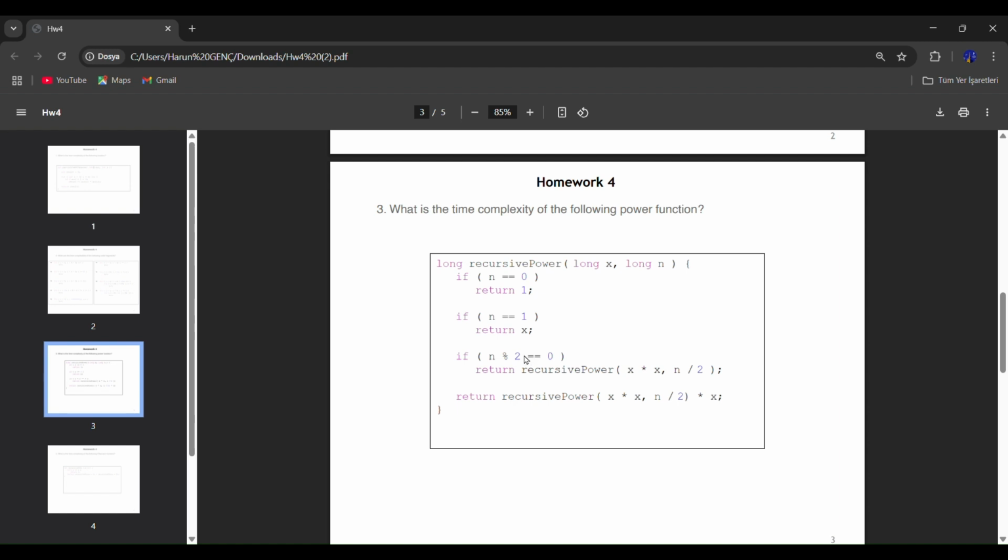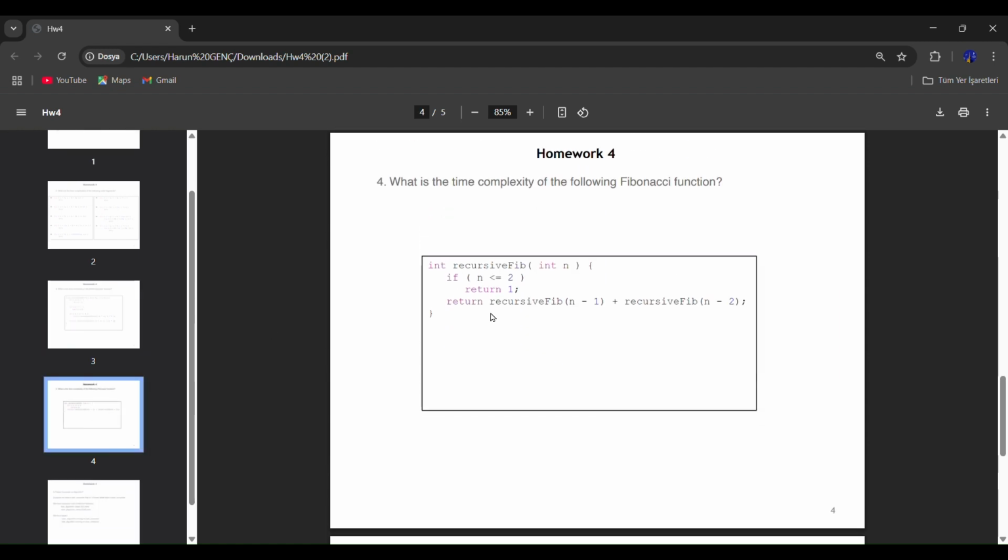Finally, the time complexity is O(log n). The logarithmic time complexity is because each call performs O(1) work, a multiplication and modulus check. So the overall time complexity is O(log n).